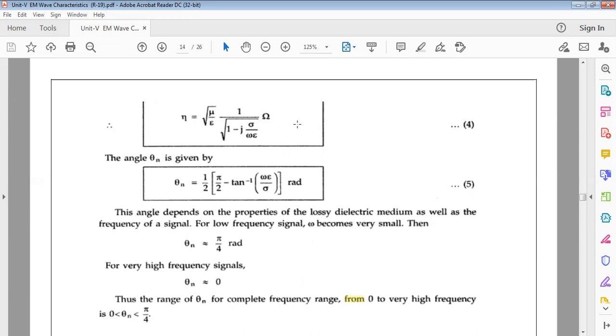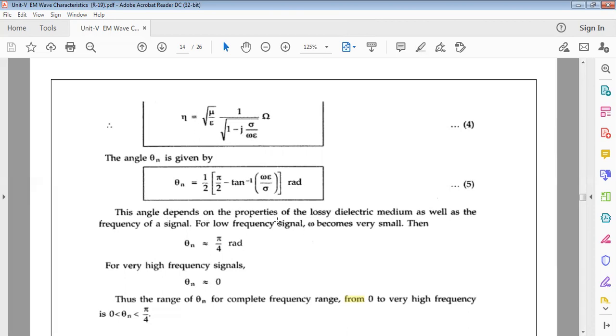The denominator means you subtract from pi by 2. Why is it pi by 2 minus? Let us take the under root of j omega term, that is 90 degrees, minus the imaginary complex function. The complex function angle is tan inverse omega epsilon by sigma.